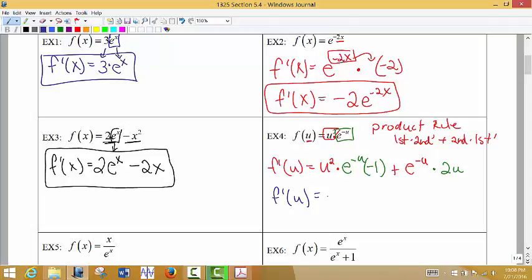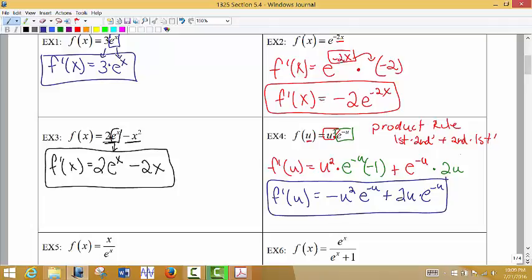So if I bring a negative 1 to the front, I'm going to write that as negative u squared times e to the negative u power. I'm going to bring this to the front as well of this term. So this separate term, I'm going to write 2u times e to the negative u power. So you can leave it as is, or you can do a little simplification. Just be careful when you simplify.